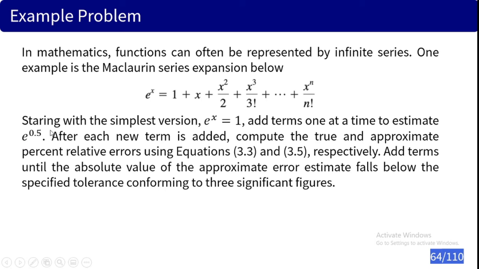After each new term is added, we will compute the true and approximate percent relative errors using equations 3.3 and 3.5 respectively. We'll continue adding terms until the absolute value of the approximate error estimate falls below the specified tolerance.